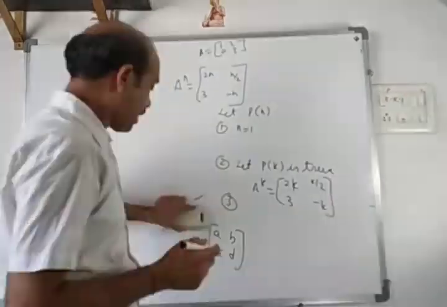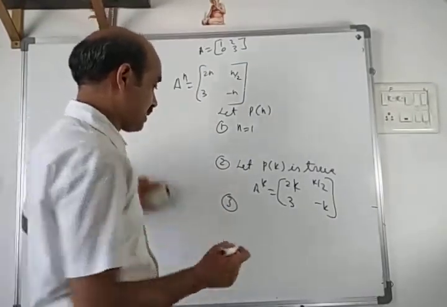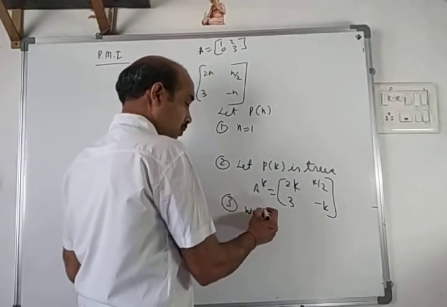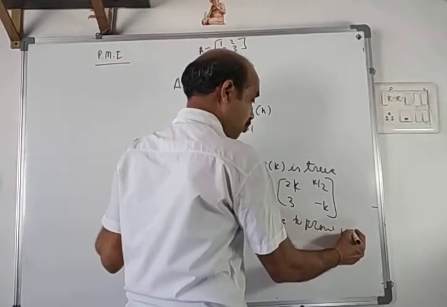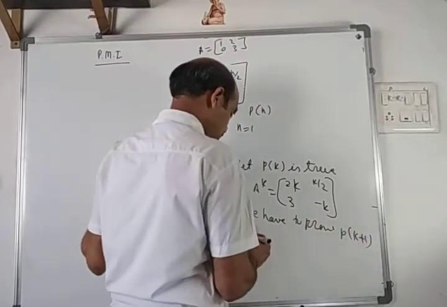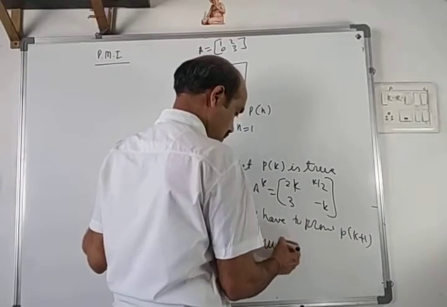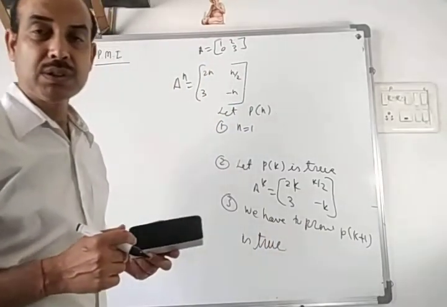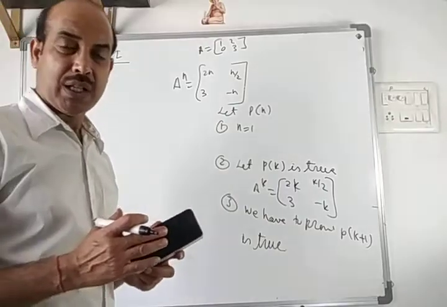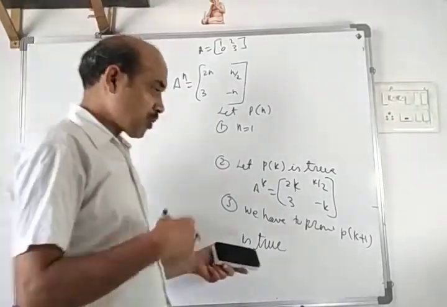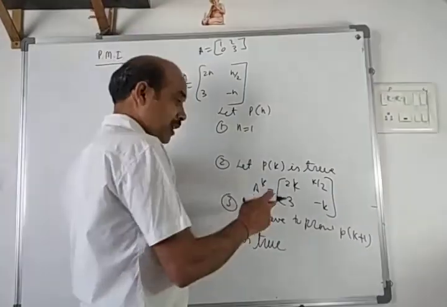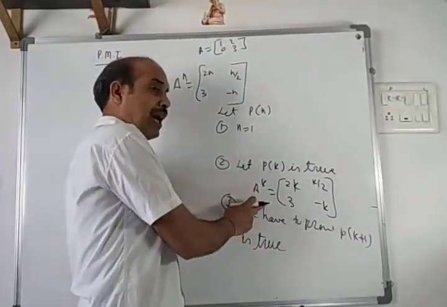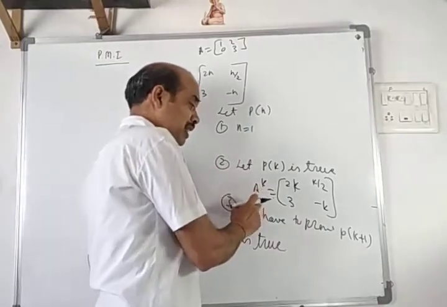In the third part, we are proving it. Next result: here we have to prove Pk plus 1 is true. That is the main part of the answer. Here we have to do some calculation on our own. For this, the previous result will be helpful. With the help of this result, we will prove this.